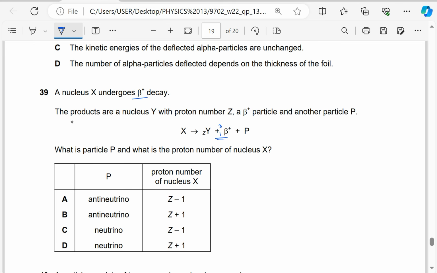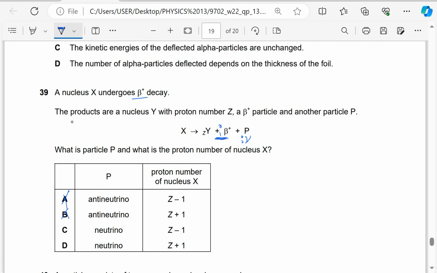Whenever a beta plus particle is emitted, this is an anti-electron. It is always accompanied by a neutrino, so P is going to be a neutrino. So we eliminate A and B, because we know P is a neutrino.